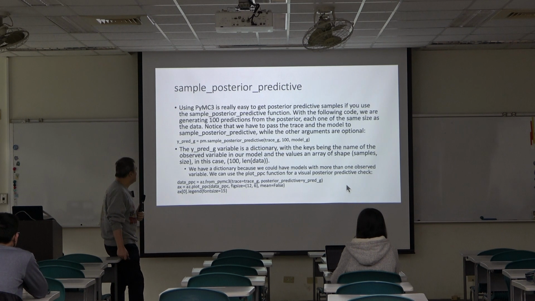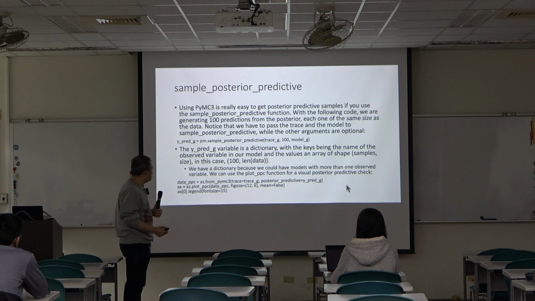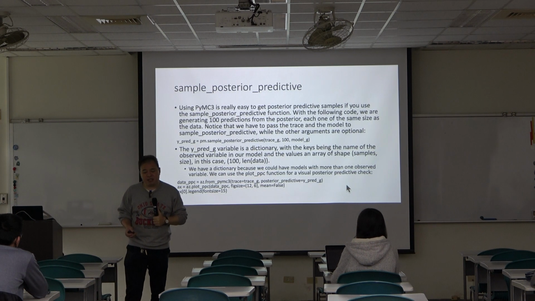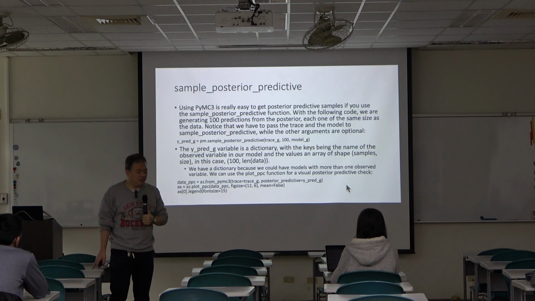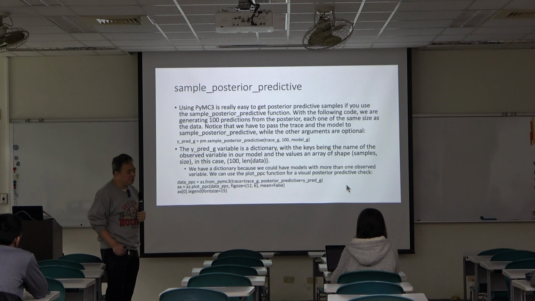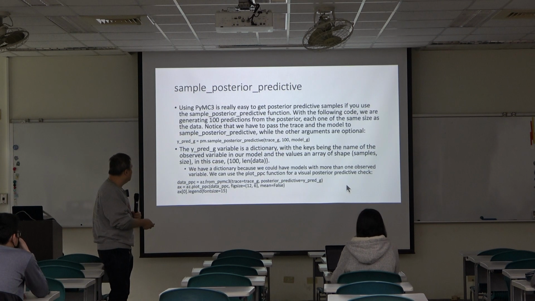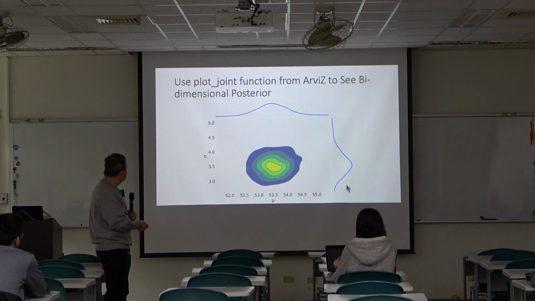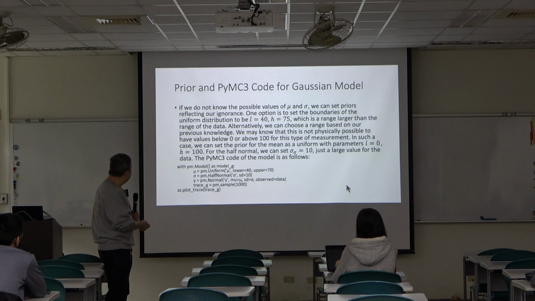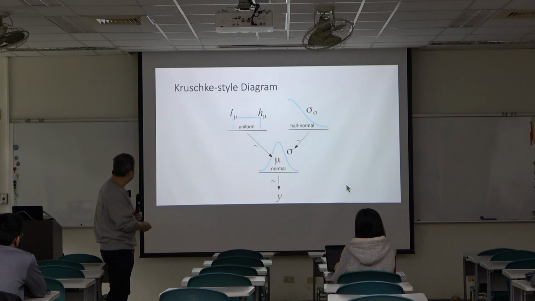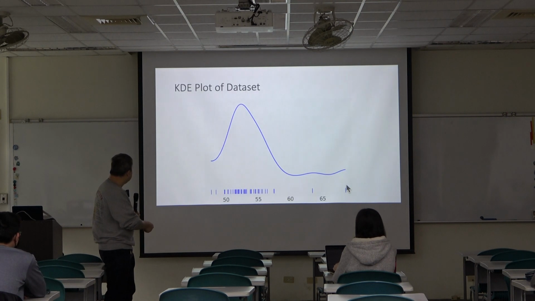Why is it a dictionary? Because for a model, we could have more than one observed variable. So far, in the examples that we have, we have only one value. For example, in coin flips it's either head or tail, or like this shift stuff, the y that we are talking about, these values.